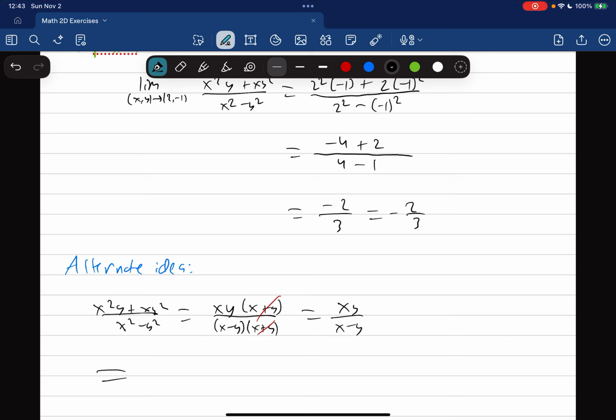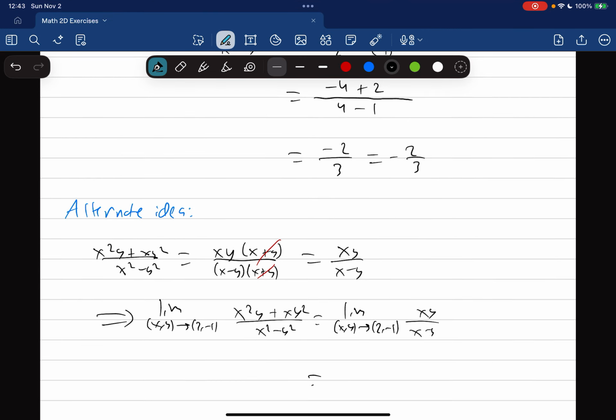And indeed, when we plug in our limits to this expression, xy squared over x squared minus y squared, we established right now that this is just the limit of xy over (x minus y). And when we plug this in, we get 2 times negative 1 over 2 minus negative 1, which indeed works out to be the exact same answer.